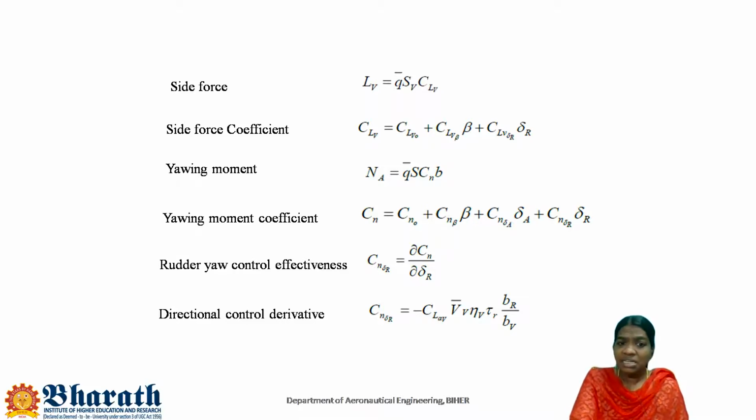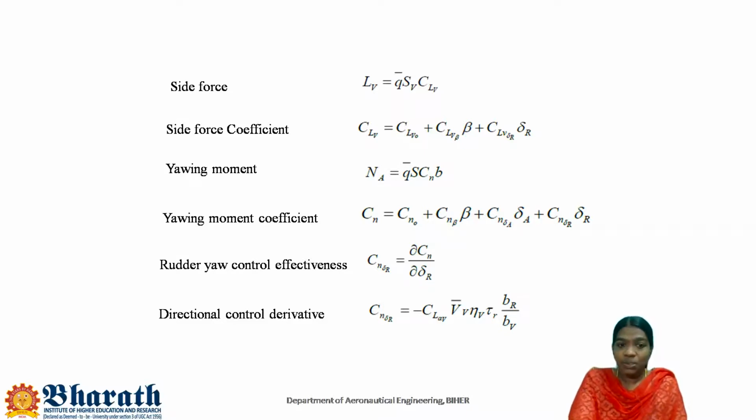It is defined as L_V × S_V divided by b × S, where L_V is the moment arm, S_V is the area of the vertical stabilizer, b is the span of the wing and S is the area of the wing. So the vertical tail volume coefficient is L_V S_V by b S.